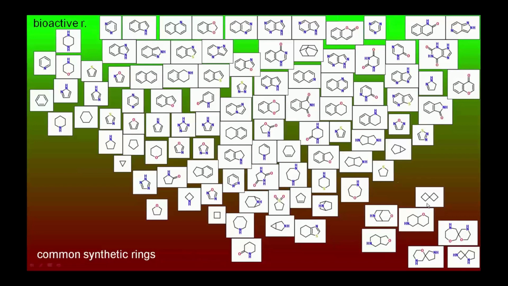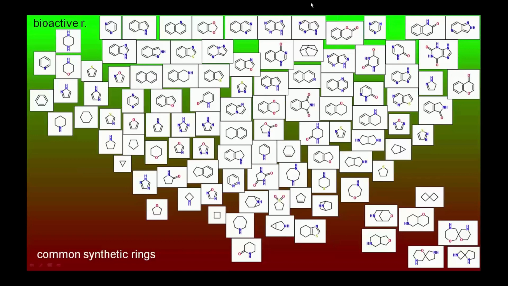Some of them are quite exotic, like these spiro systems here. And in the middle, where the green and red colors overlap or merge, we can see rings that are of no great interest to us. These are rings which have the same frequency in bioactive molecules and synthetic molecules.